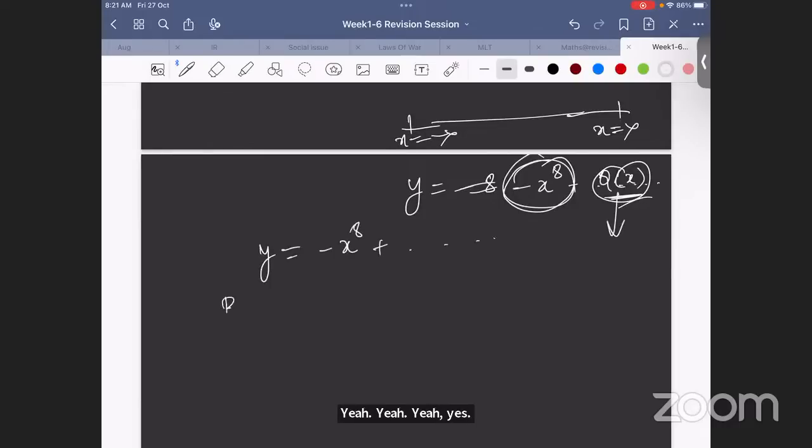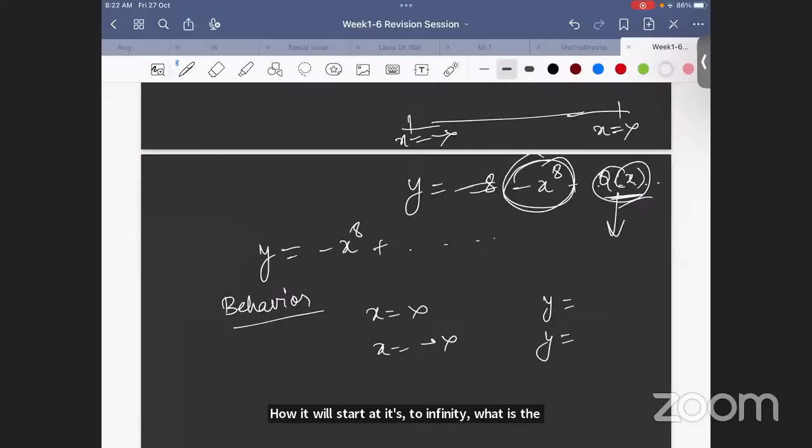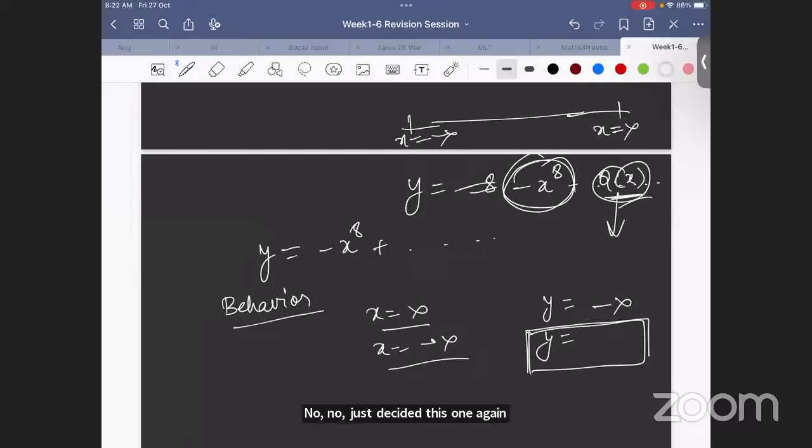Now tell me the behavior. How will it start at x equals infinity, what will be the value of y, and at x equals minus infinity, what is the value of y? Even if you put minus infinity, it is minus infinity to the power 8, so this will be infinity always because it is an even number.